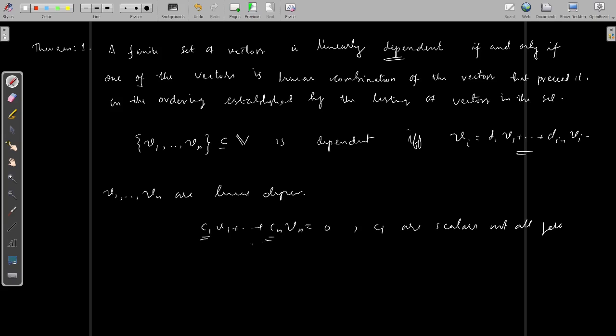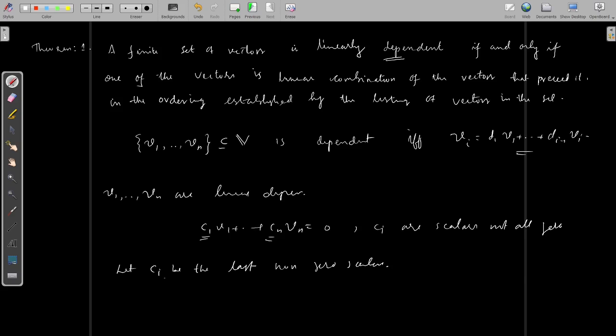Choose the last one. Let ci be the last non-zero scalar. We name that ci. The ci can be cn if cn is non-zero. If cn is 0, then we verify cn minus 1.